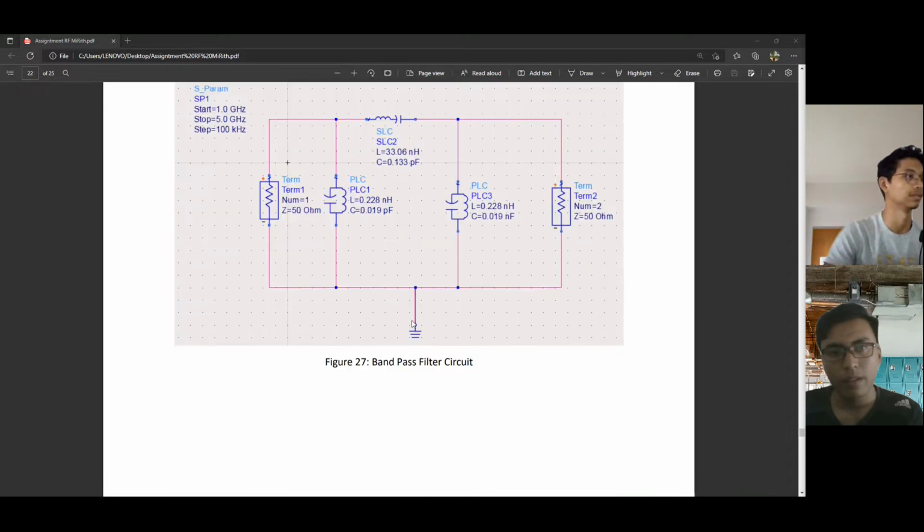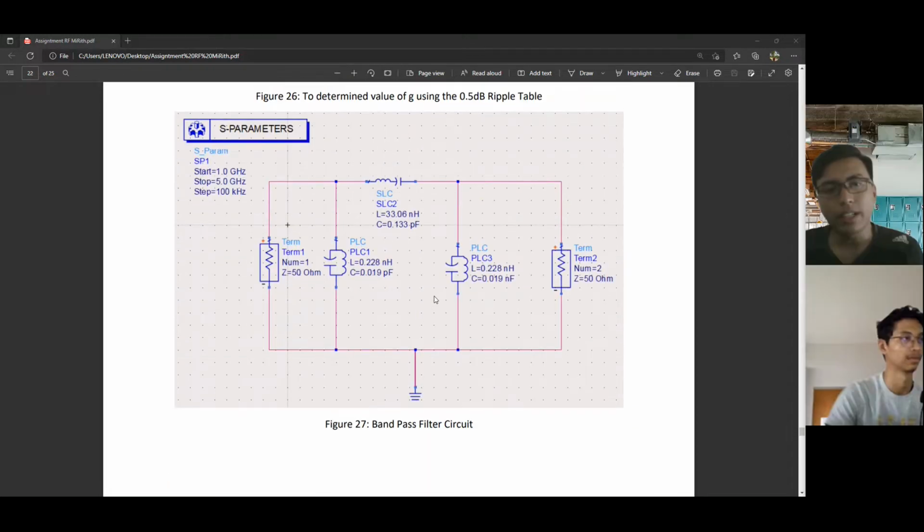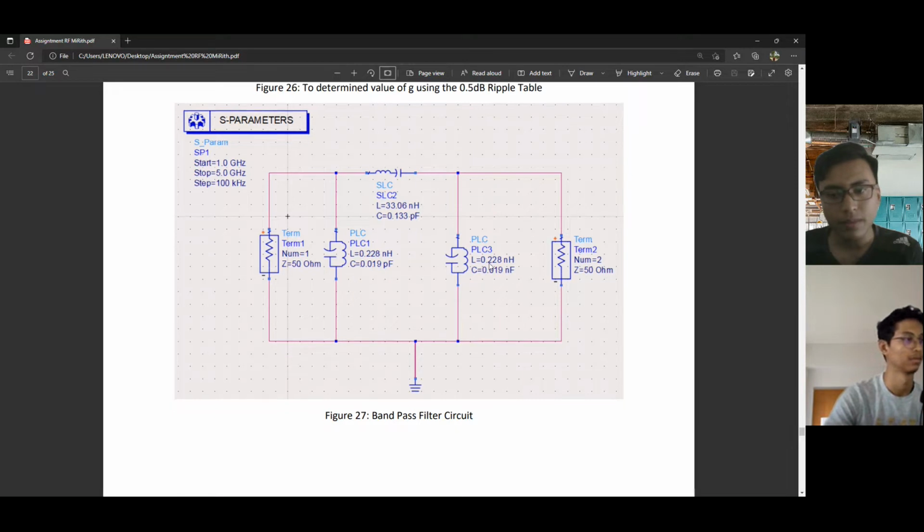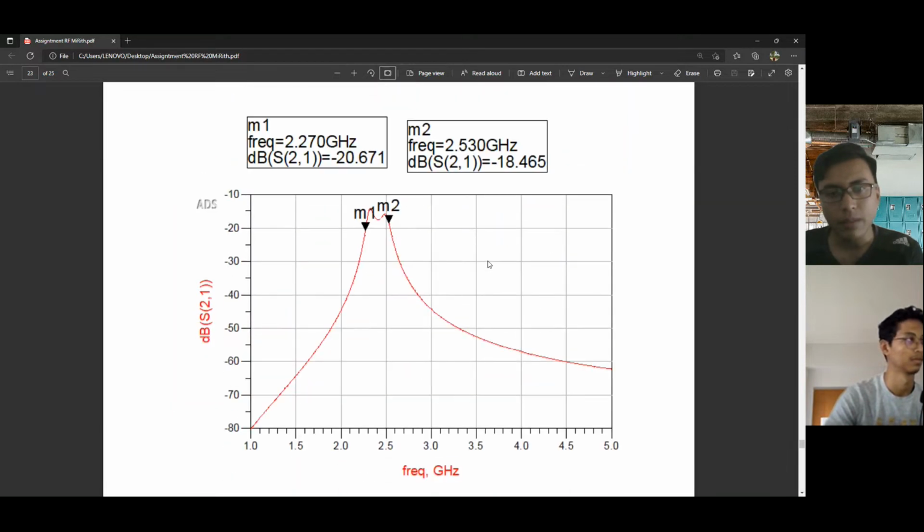Okay, so after we calculate that, we use the circuit following the pi network. So this is following the pi network, and we design the circuit for the bandpass, and we put all the calculation results into the inductors and capacitances, and then we get the result for the bandpass.